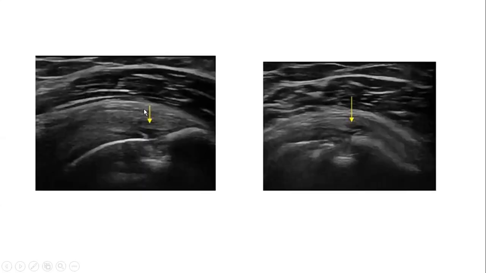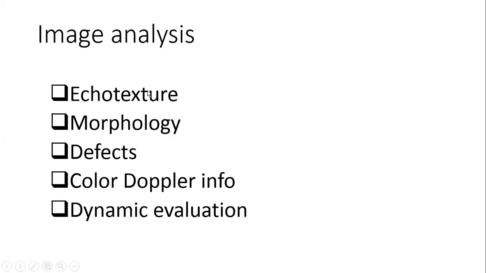Can you see a little flattening here? Yes, because of this loss of fiber here, there's a little flattening. There's a drop, because it has to drop down since there is nothing intervening between the top layer and the layer underneath. So echo texture, morphology: the loss of normal morphology.